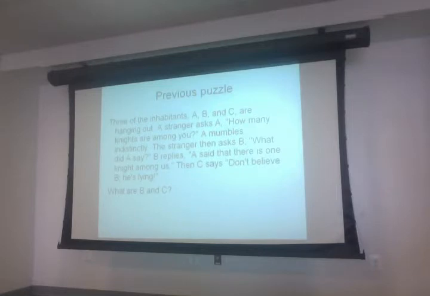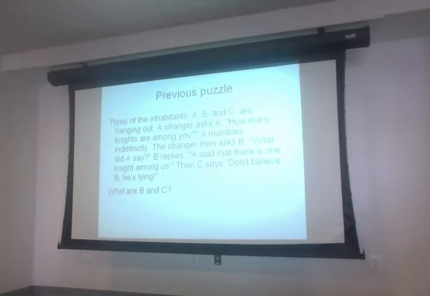Well, what if A actually said there is one knight among us, but he was lying? And then B said that he actually said that, but he did. When B says this is what he said, he makes no claim about the truthfulness of what he said. He just says this is what he said. So how about the other half of it? If A said that there's only one among them and he was lying, that means that there's two among them, or none among them.